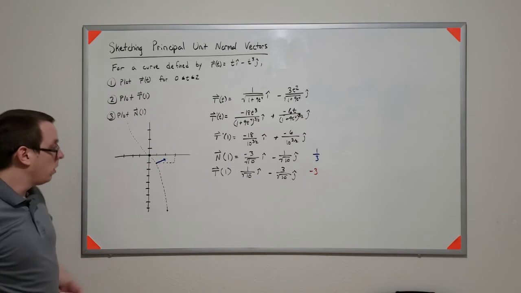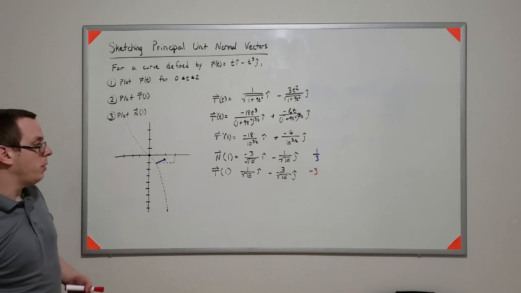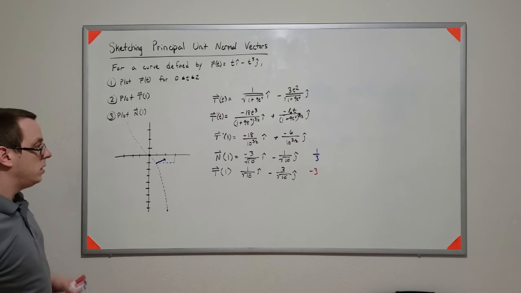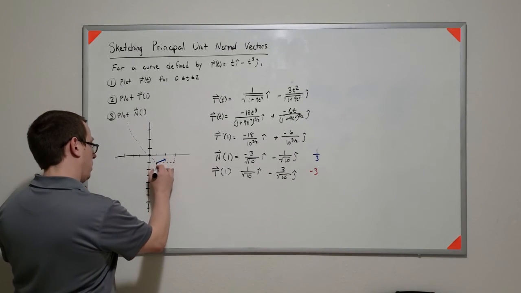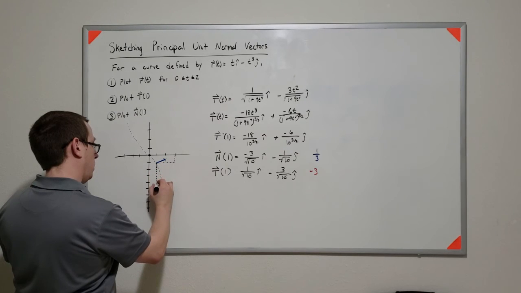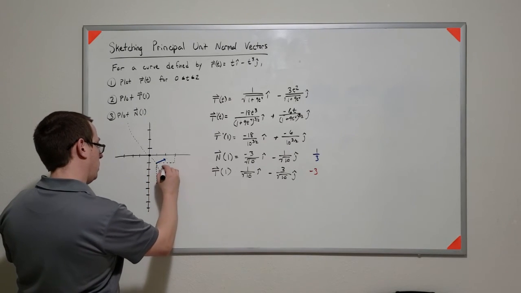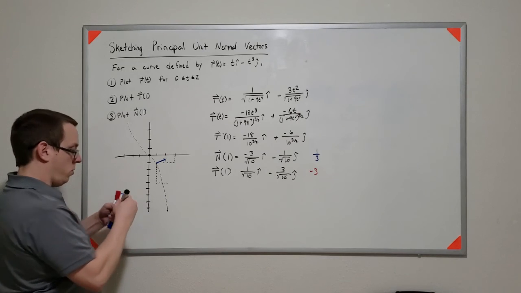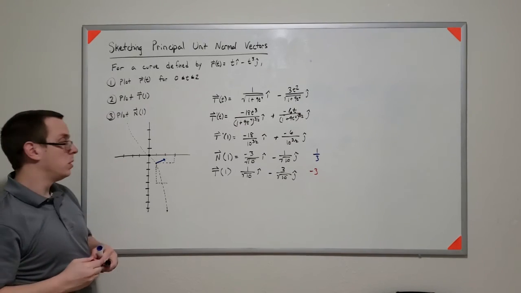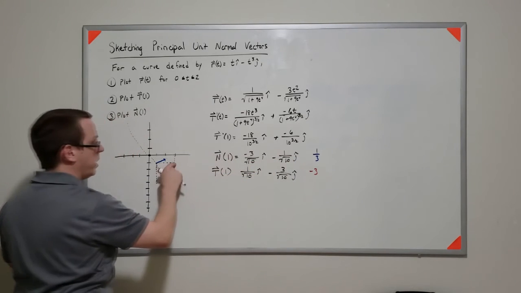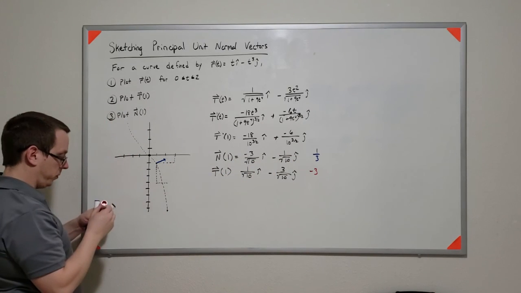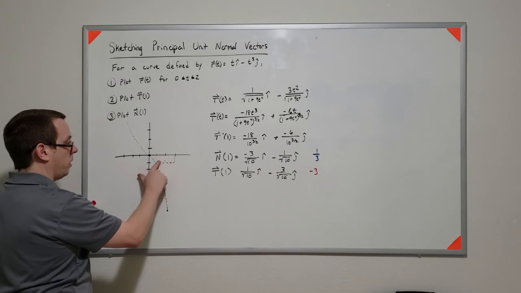And then for the tangent vector, you have something that goes down 3 and over 1. Sorry, that was supposed to go over 3. Notice I only went over 2. So I really need to redo that.